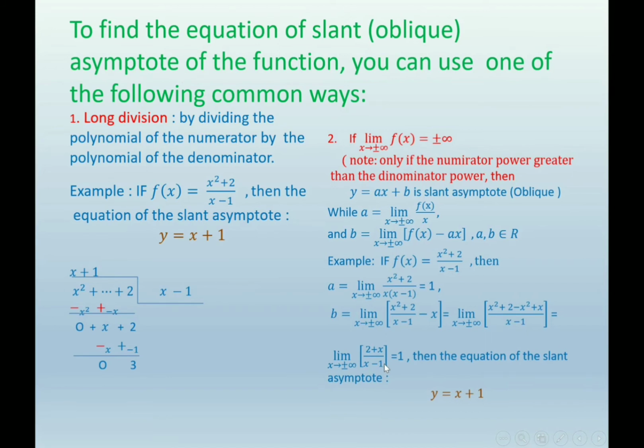It is not that hard, it is so easy. By taking the coefficient of the x up with the coefficient of the x down and canceling them, that will give you 1. Then the equation of the slant asymptote will be written as y equals a, which is 1, no need to write it beside the x, plus b, which is 1, you have to write it because it has no variable beside it, so the equation is y equals x plus 1.